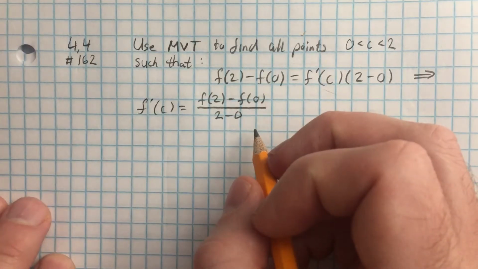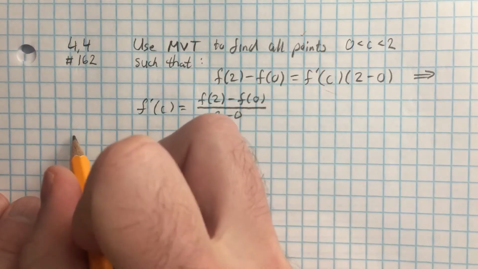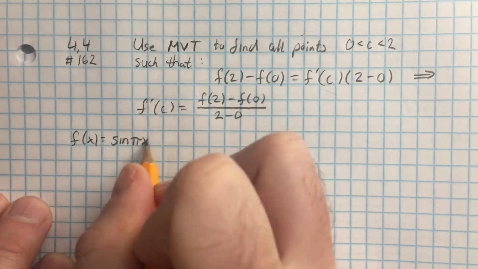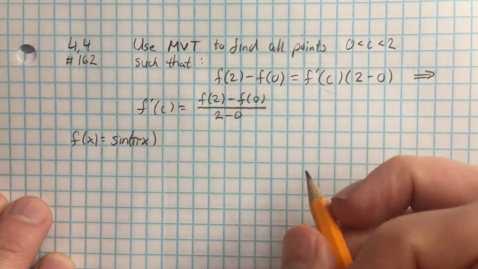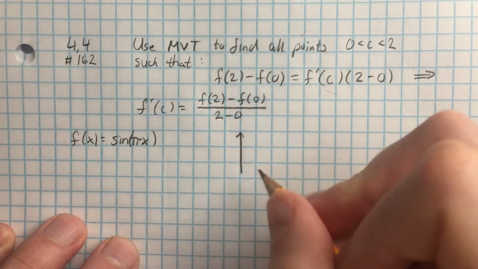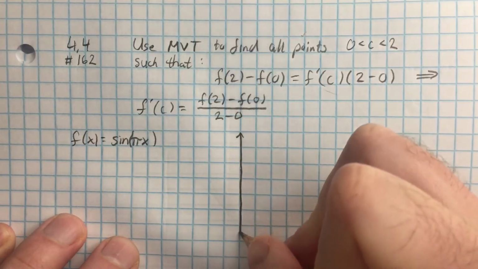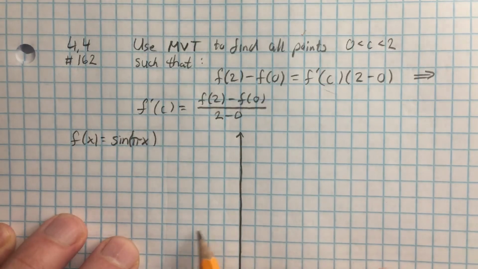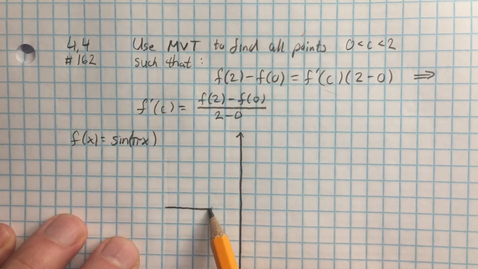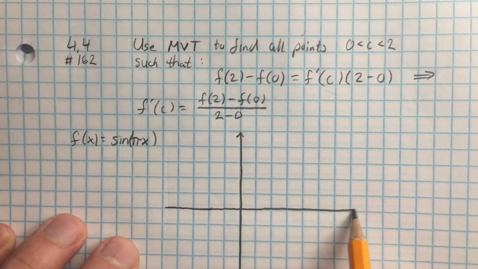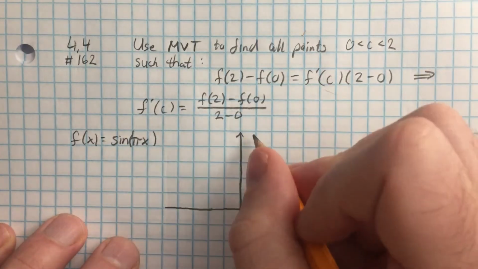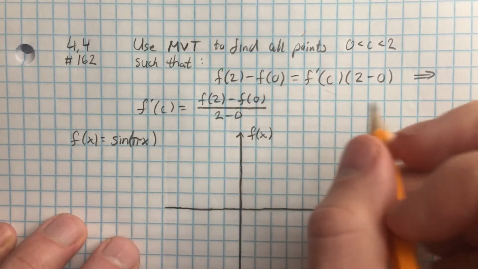So the function they give us is sine pi x. Although it's not integral to this problem to draw this picture, I want to do it just to explain what's going on in the problem. X and f of x here, which is our sine pi x.